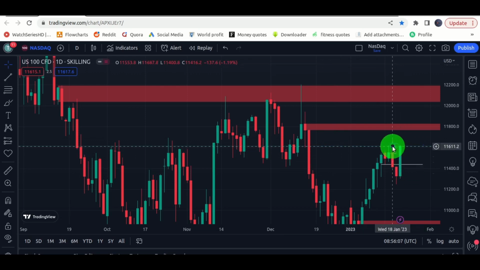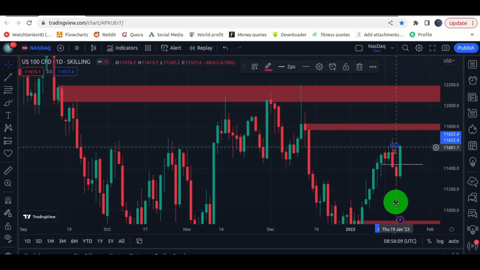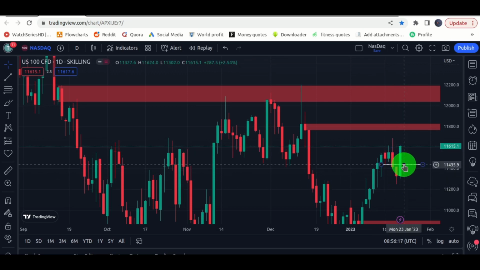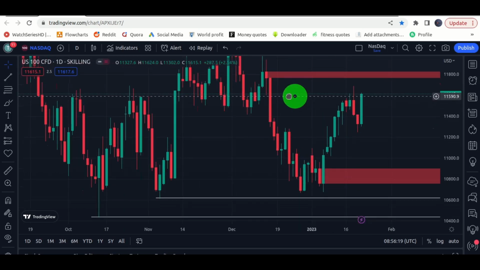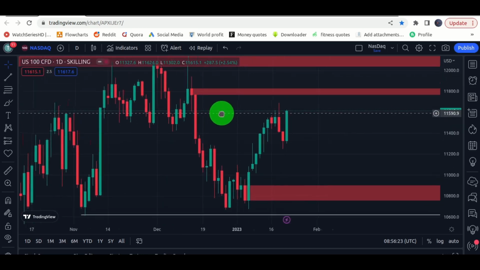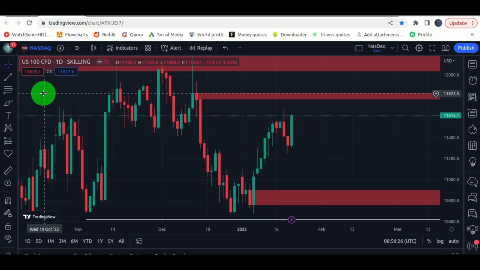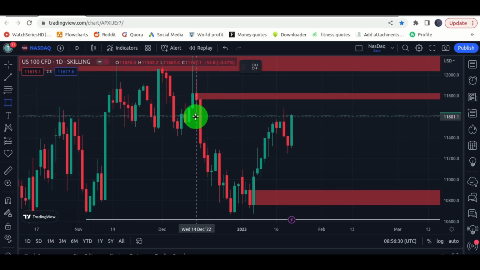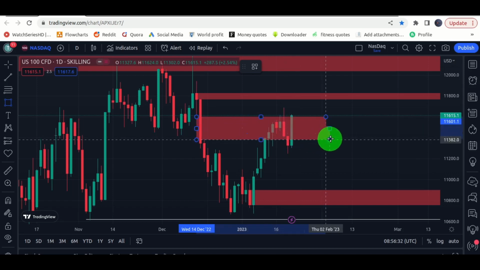This is some of the things I was doing during the week when I was looking for trades. So I'm just going to remove those things. Okay, so that's what we have at the moment. I'm already seeing some sort of a fair value gap here.